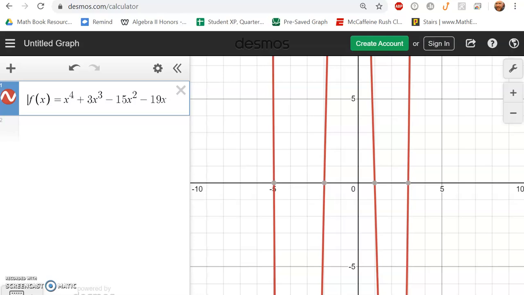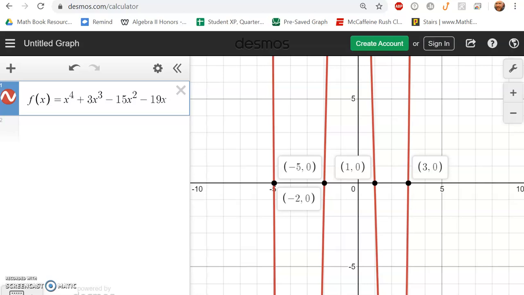You probably also could just leave off the left side and just write the right side, but it's a good habit to get into to use the whole expression you're graphing. So I've graphed the function, and I'm looking for the zeros. I'm looking for the x-intercepts. These are the same as the real zeros of the function, and I see 4 of them. In fact, that's exactly how many zeros the function has.